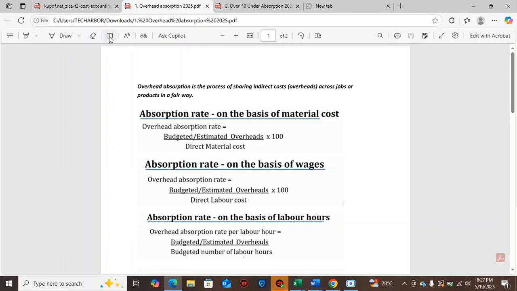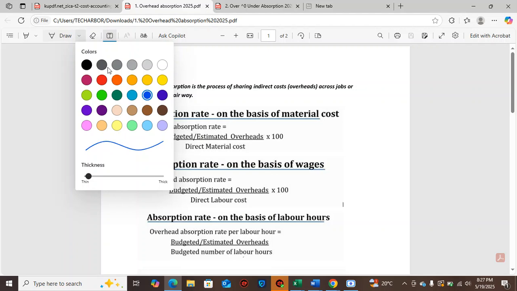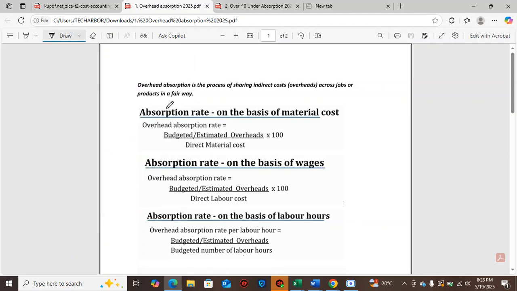The formula that you must remember to get your overhead absorption rate is your total overheads divided by your absorption base.